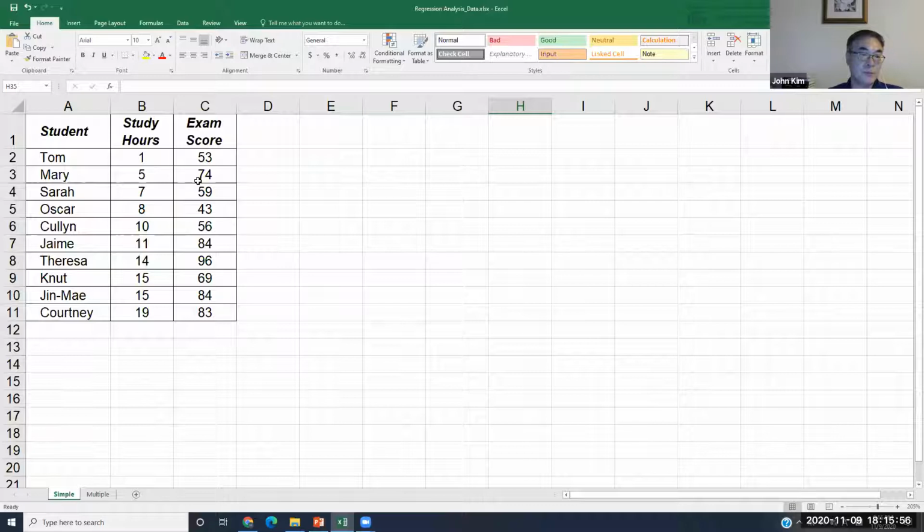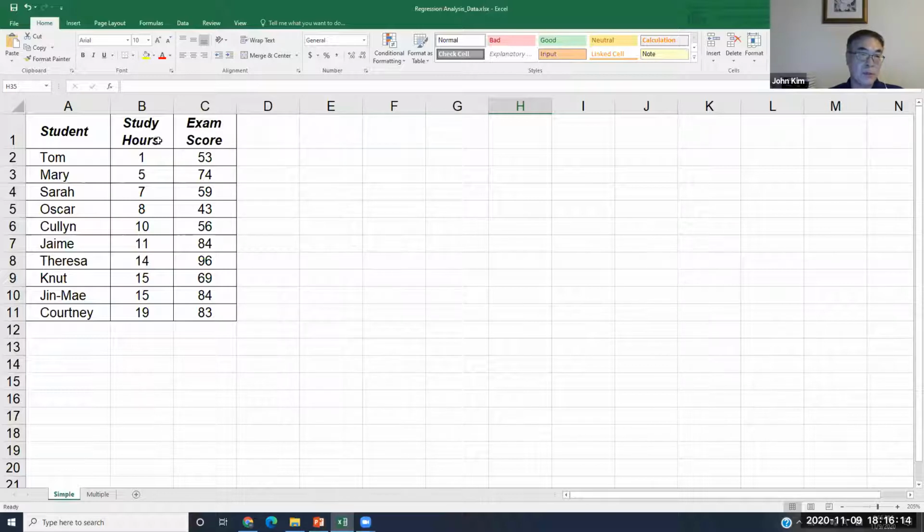So between the two variables, study hour and exam score, more study hour may mean a higher exam score.